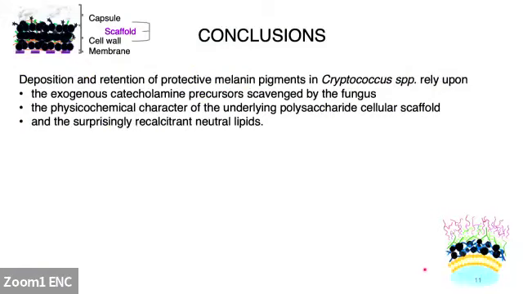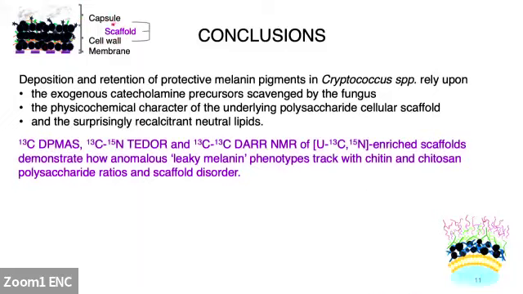All right, so these are my conclusions. First of all, what matters in melanization is not just the production of the pigment, but also what it is depositing on, namely the scaffold. We can probe that with a variety of experiments ranging from direct polarization MAS to TEDOR to DARR.